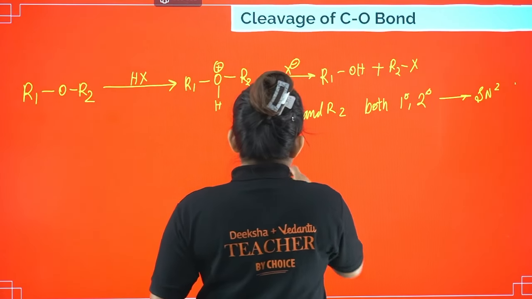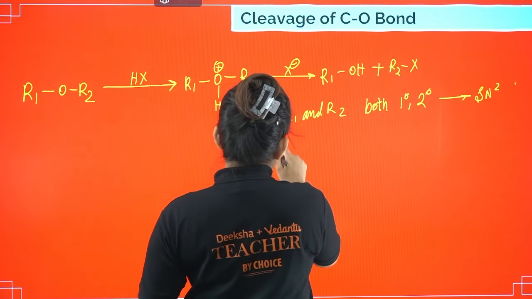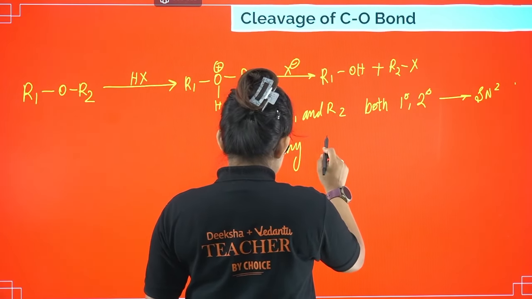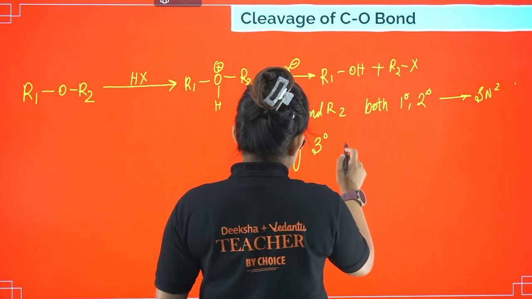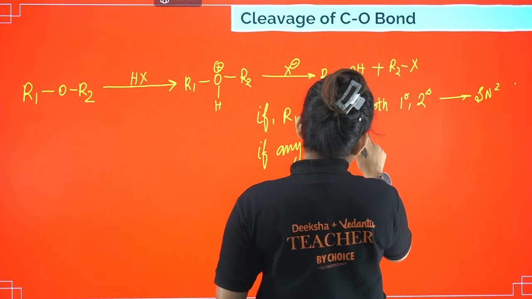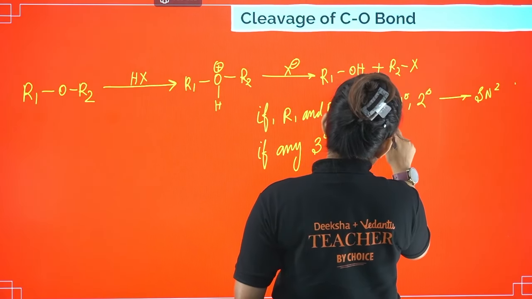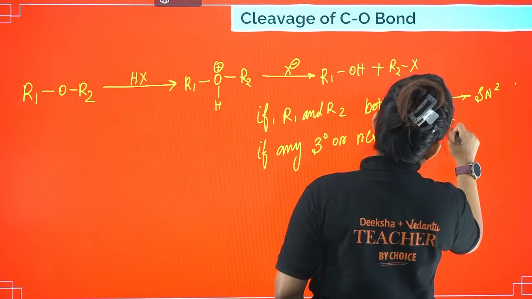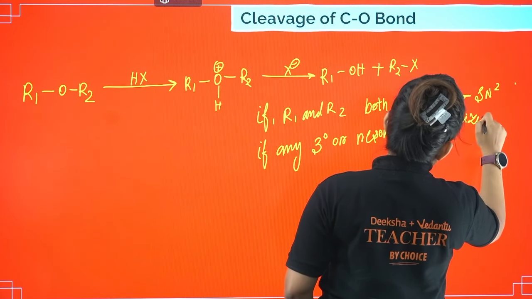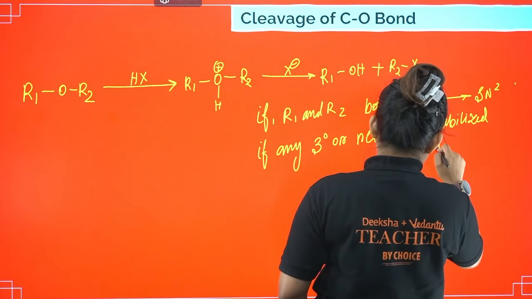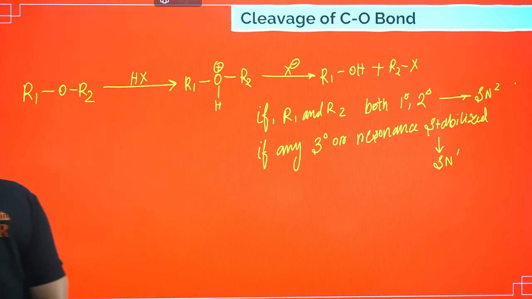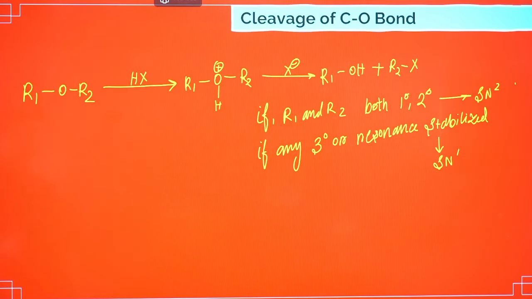But if any one of R1 and R2 is 3 degree or resonance stabilized, then SN1 will take place. Remember this thing. So this is all about the cleavage of the C-O bond.